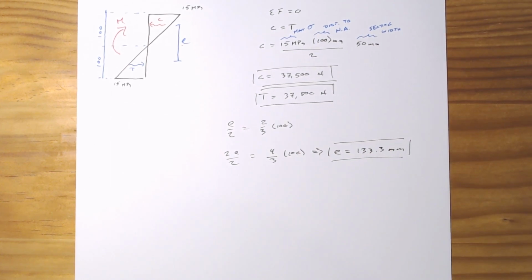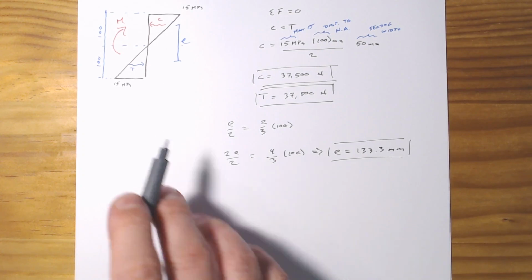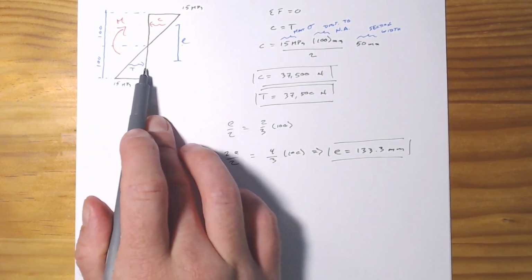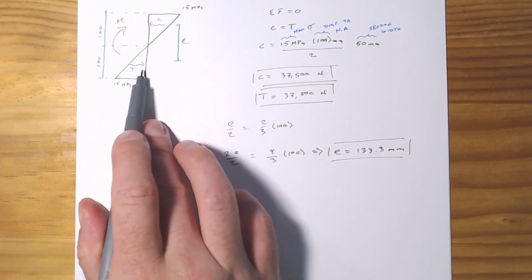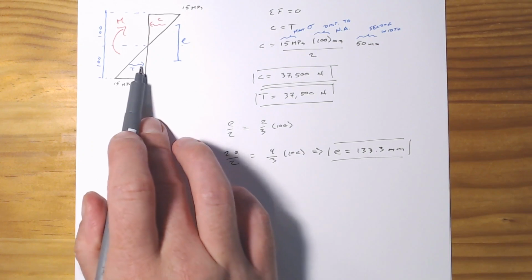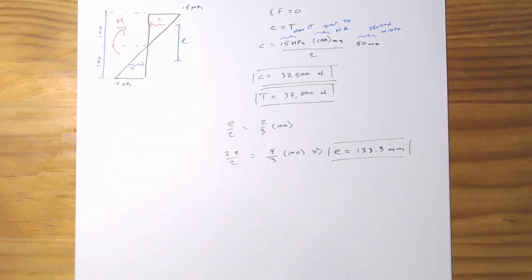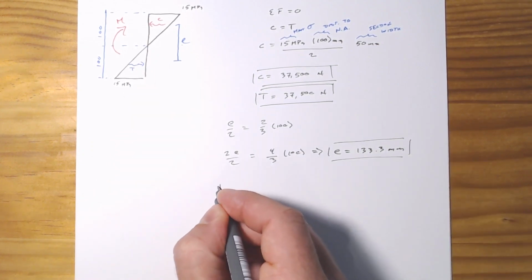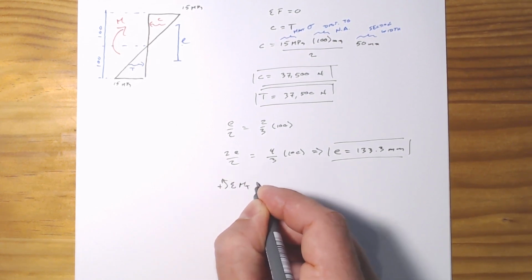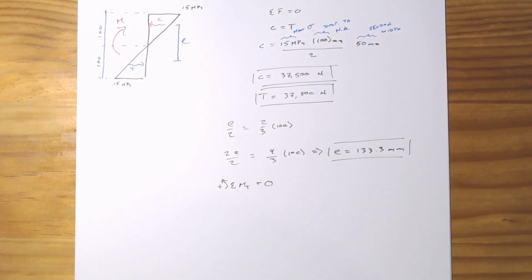All right, so now if we want to find a moment, all we've got to do is sum our moments about some point. We could sum it about the neutral axis, but I always like simplifying our mathematics if we can. So I'm going to take our moments around the resultant force T. If we sum our moments about T, that has to equal 0.